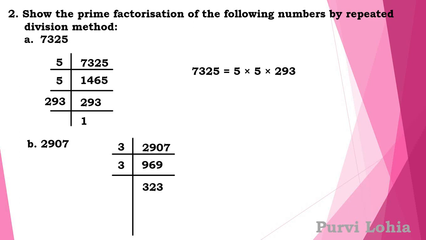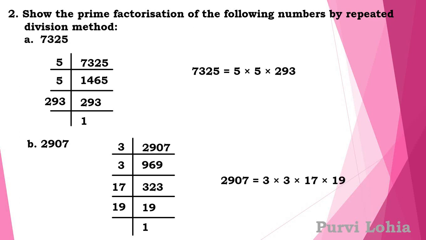Okay. Next, again we will divide it by 3. Will we? No, it is not divisible by 3. So students, it is divisible by 17. Okay, and it will give 19 as the quotient. Okay, and 19 is a prime number, so it will be divisible by itself and will get 1. So 2907 is written as 3 into 3 into 17 into 19.